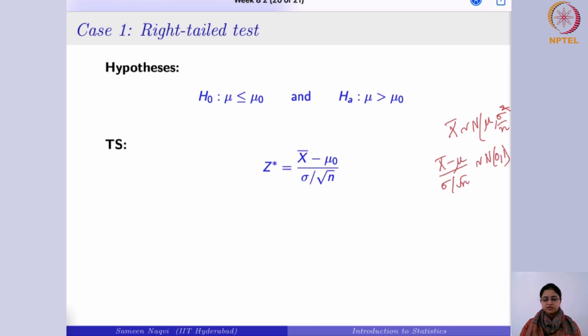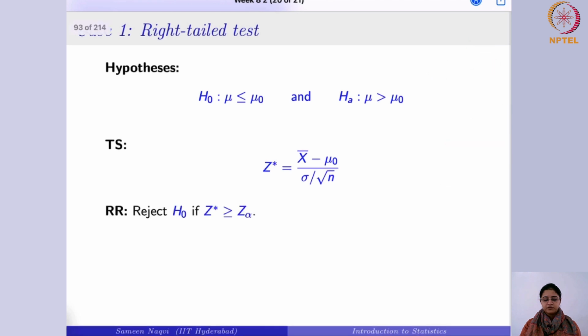So this is basically your z star, that is the test statistic that you have calculated. And your alternative hypothesis based upon your example would be mu greater than 150. So your interest is in this alternative one and you want to reject the claim that is your null.